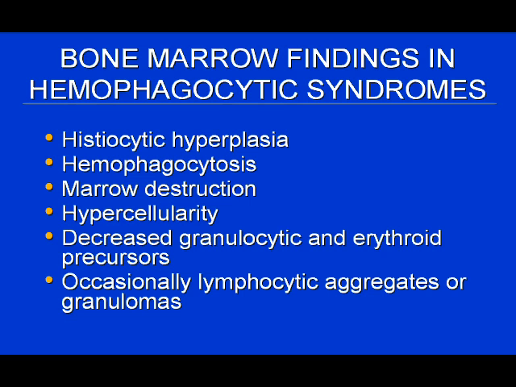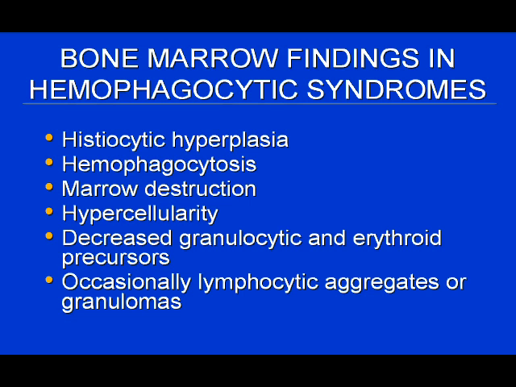We also see background bone marrow destruction with proliferation of histiocytes, what appears to be alteration of the normal bone marrow stroma. The marrow may appear hypercellular because of all of the histiocytes present, but the actual hematopoietic tissues, especially granulocytic and erythroid precursors, are diminished.